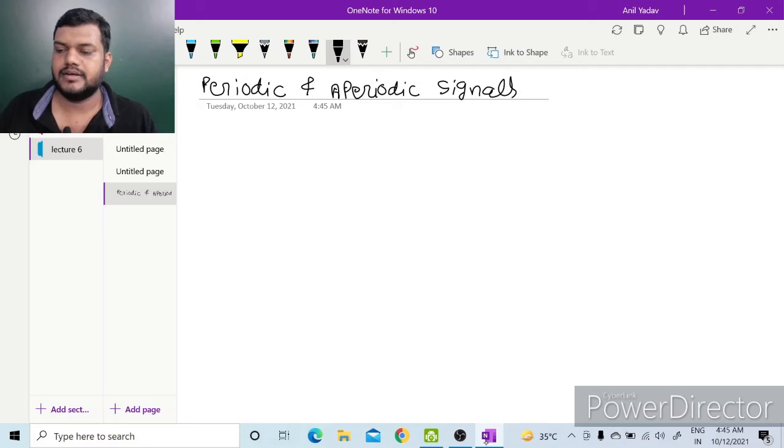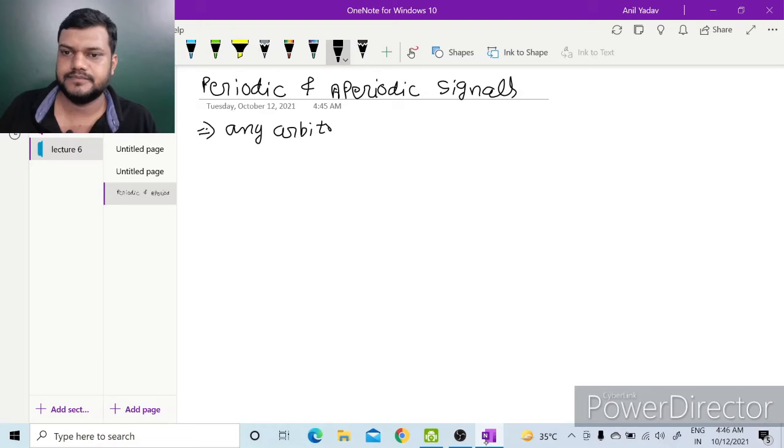Any arbitrary discrete time signal x[n] is said to be periodic if and only if it repeats itself after a minimum integer fundamental period capital N. Let me write this definition.